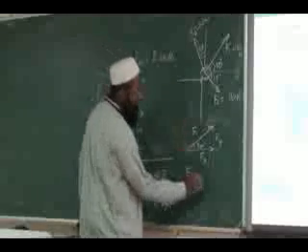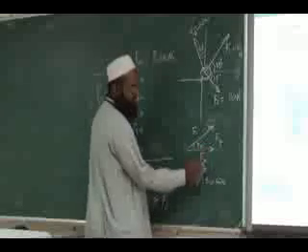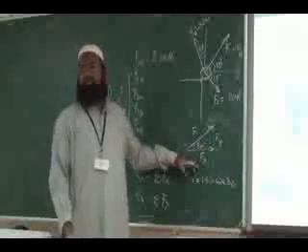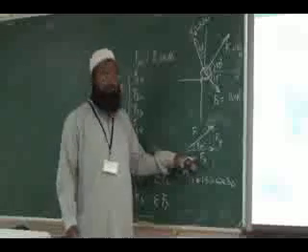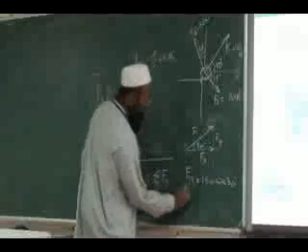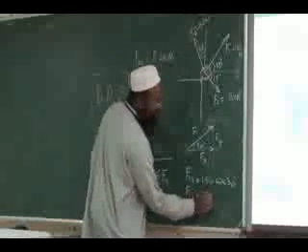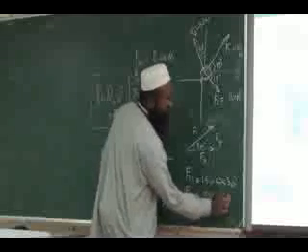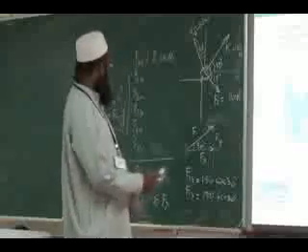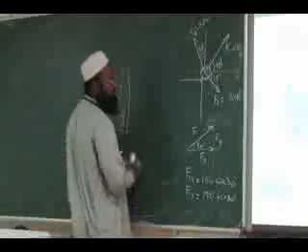F1x is 150 cos 30. Since x is in the adjacent side of the triangle, I have to consider cos 30 degrees. Similarly, F1y will be 150 sin 30. This is for F1.